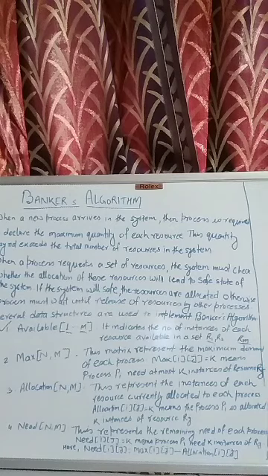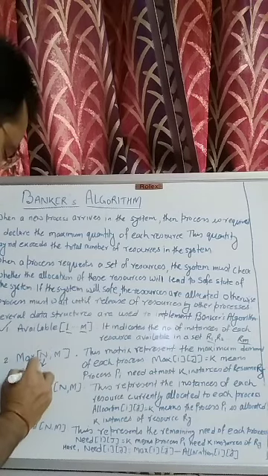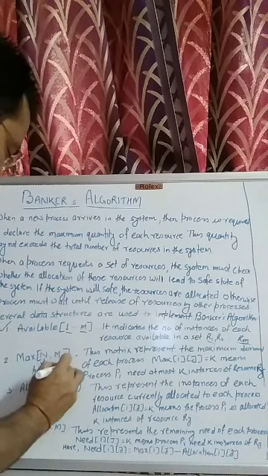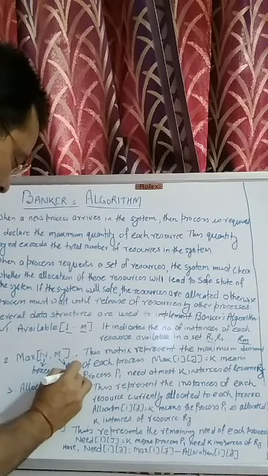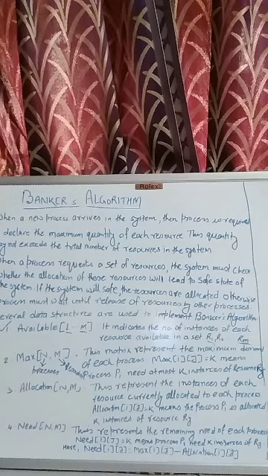The second matrix used is max, of n cross m. n is the number of processes, and m represents resources. This matrix represents the maximum demand of each process.